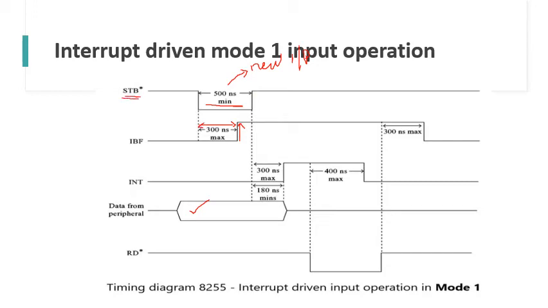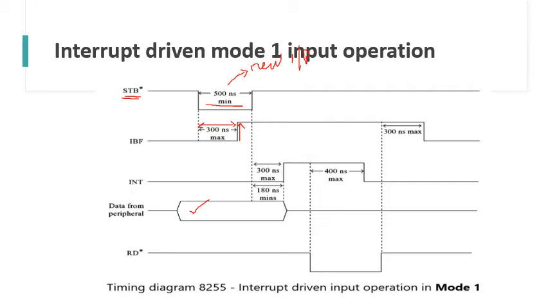The next step is, during all this, the data from the peripheral is available at the input port, and it is supposed to be available at least 180 nanoseconds after the end of the STB pulse. It is shown in the timing diagram.